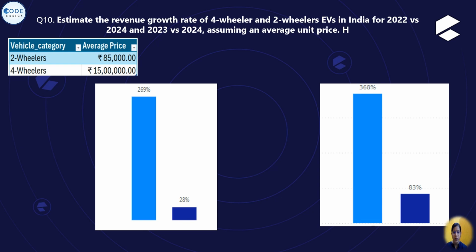Now, in the case of two-wheeler, here we are having 269% in 2022 versus 2024, and in the case of 2023 versus 2024 we are having 28%. In the case of four-wheeler, we are having 368% in 2022 versus 2024, and in the case of 2023 versus 2024 here we are having 83% only.